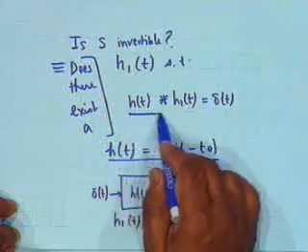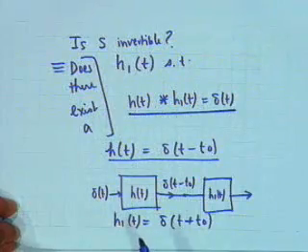In other words, an invertible system may be causal, may be non-causal, and therefore causality should not be brought into consideration while finding an inverse system. The answer to the question, does there exist an h1 of t such that h of t convolved with h1 is delta, is yes in this particular case.